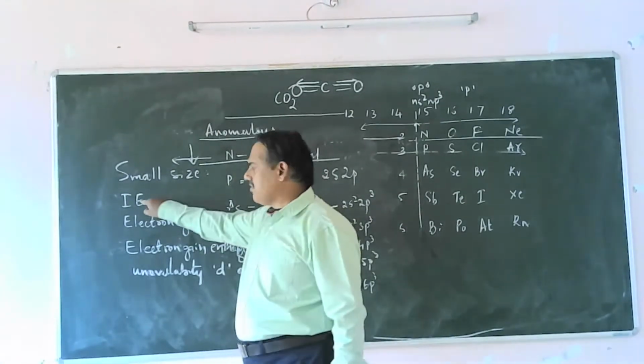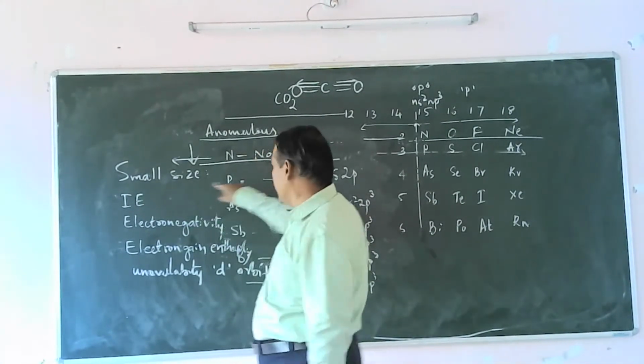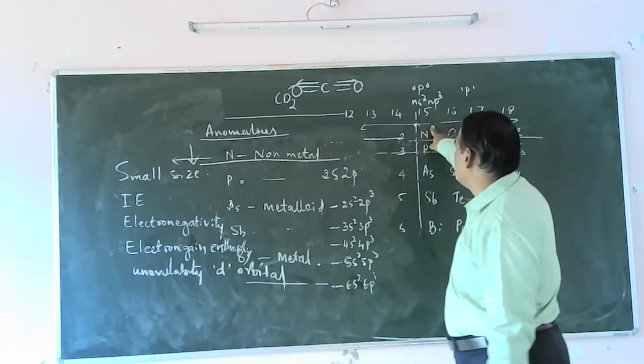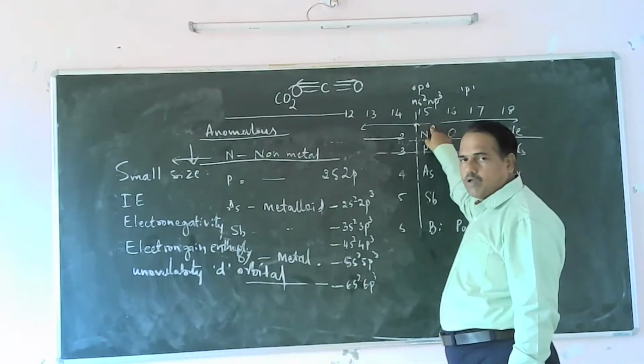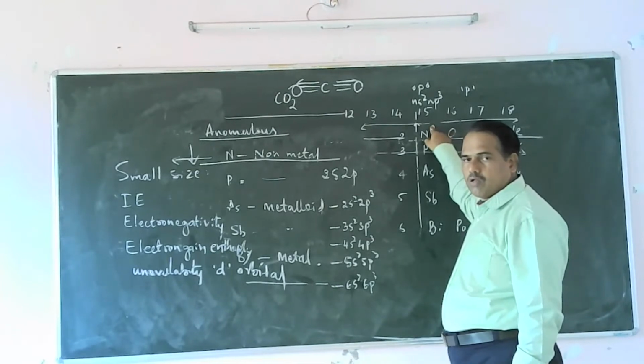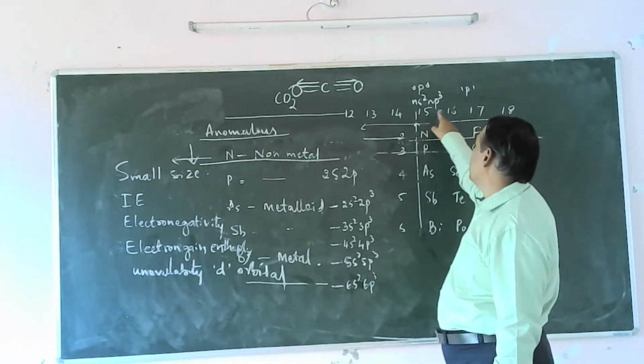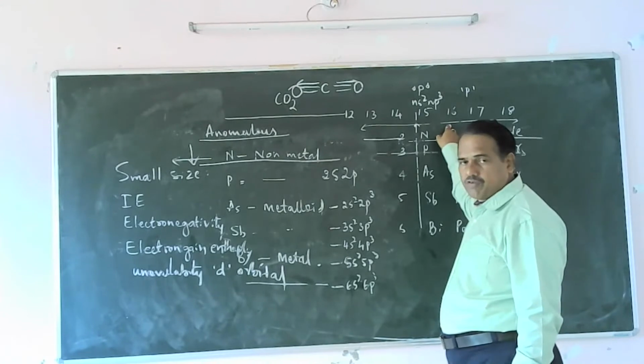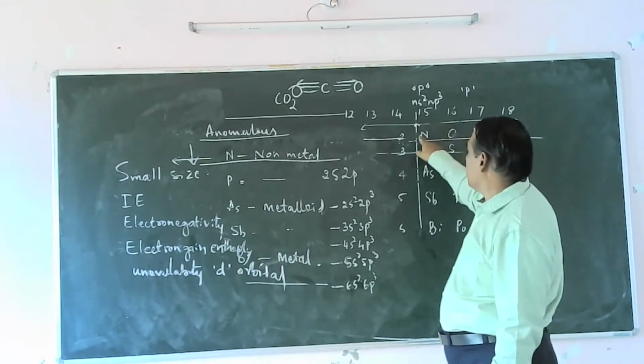Okay, we shall go to ionization enthalpy. Generally, ionization enthalpy of group 15 is more than that of group 16 elements.